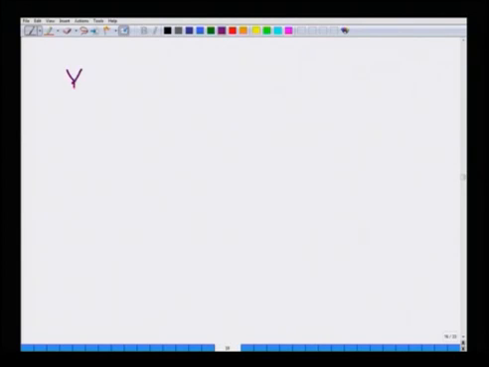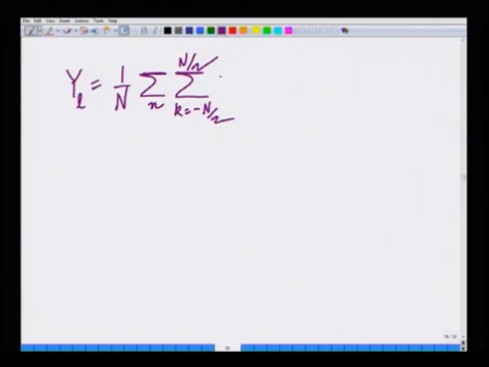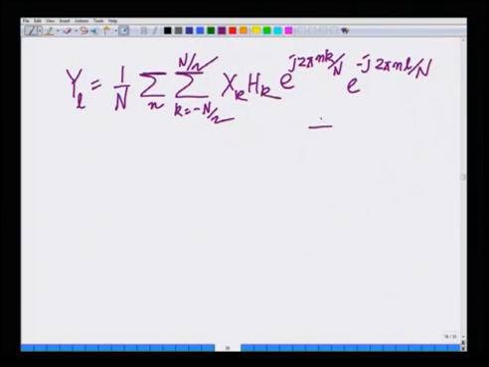It can be shown to be equal to Y L equals 1 over N summation n, substituting the expression for y n, of summation k equals minus N by 2 to N by 2 of x k h k e to the power j 2 pi n k divided by N, times e to the power minus j 2 pi n L divided by N, plus w tilde of L.